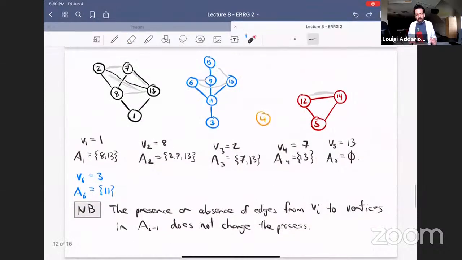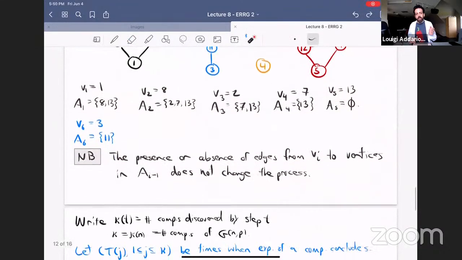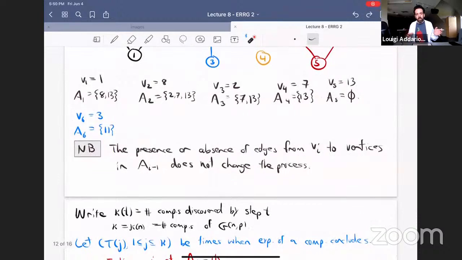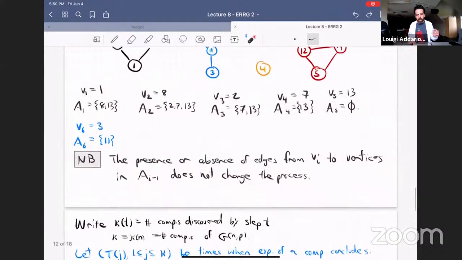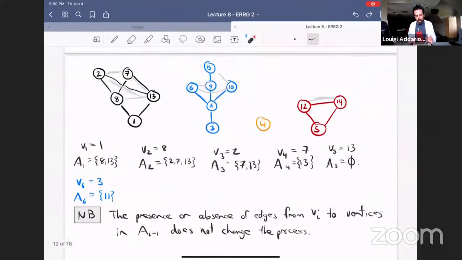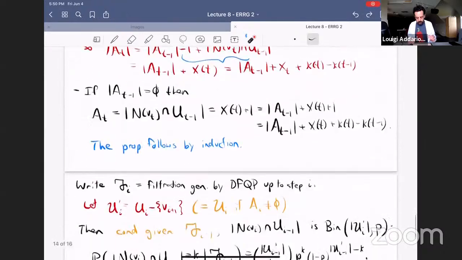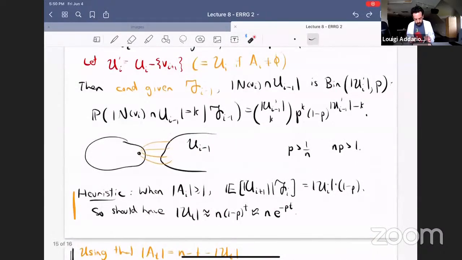If I do that, then literally at every step of the process, the proportion of unexplored vertices goes down by a factor p on average. So if I chose a random subset rather than exactly one to explore from, then this heuristic wouldn't be a heuristic. It would be an exact identity in expectation. On average, every step I would go down by proportion 1 minus p. We're not doing that, we're picking one new vertex at a time.